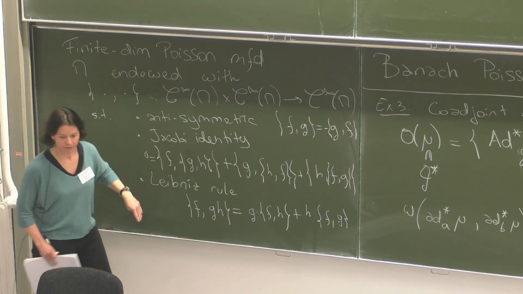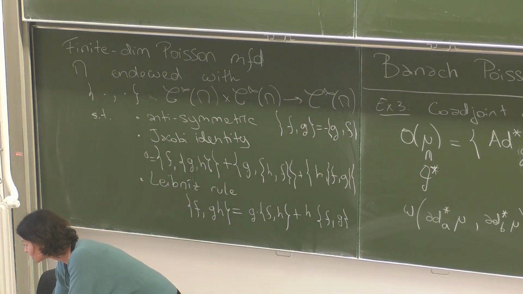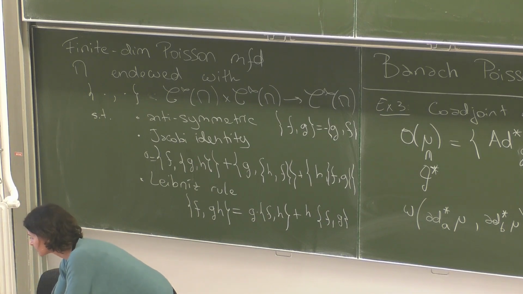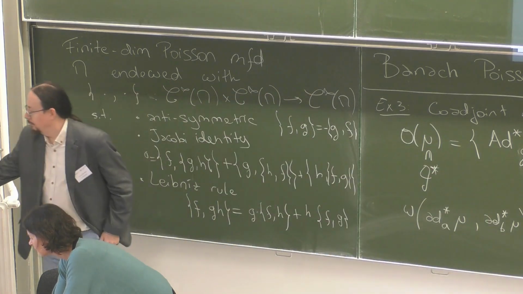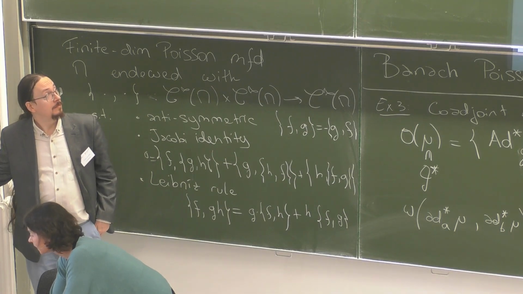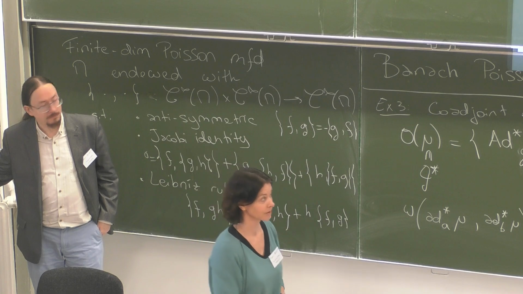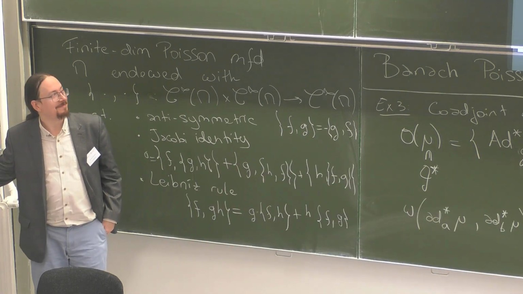For the last 30 seconds that I have, I will just make an advertisement for one paper where we compare different approaches to Poisson geometry. From now on, I just gave you the definition in the finite dimensional case.